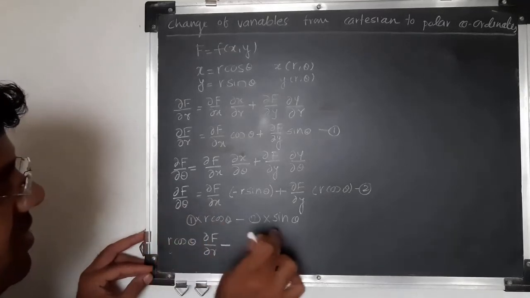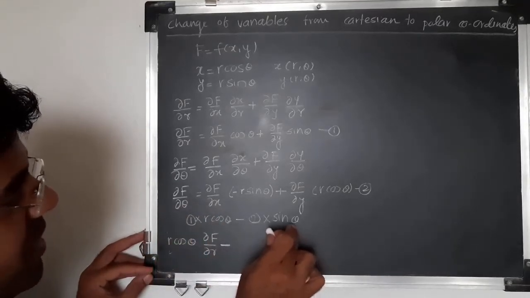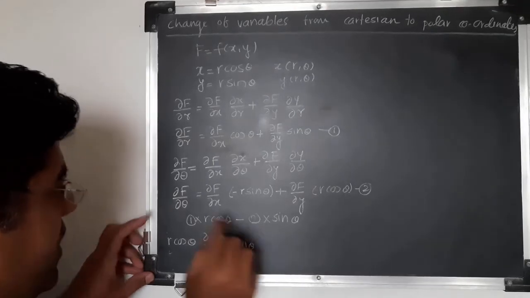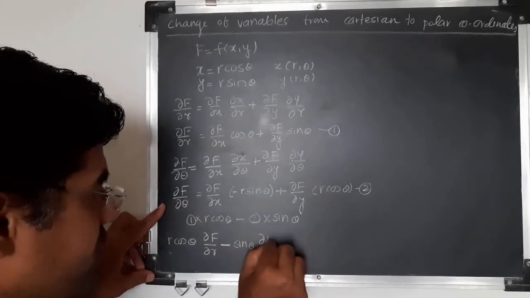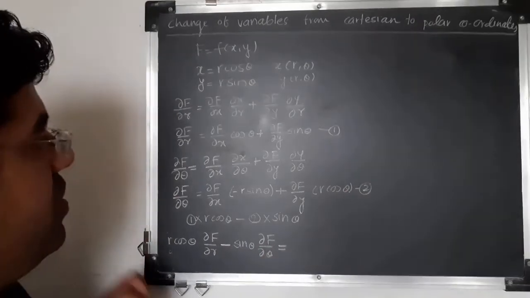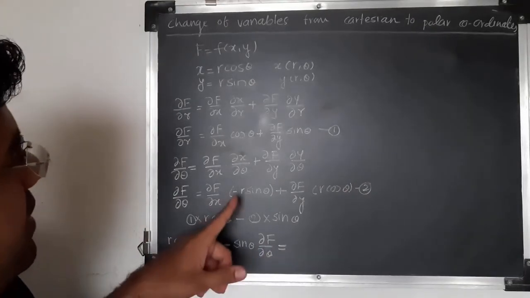minus equation 2 multiplied with sin theta. So sin theta ∂f/∂theta, LHS I will take first, equals, now the RHS I will consider.